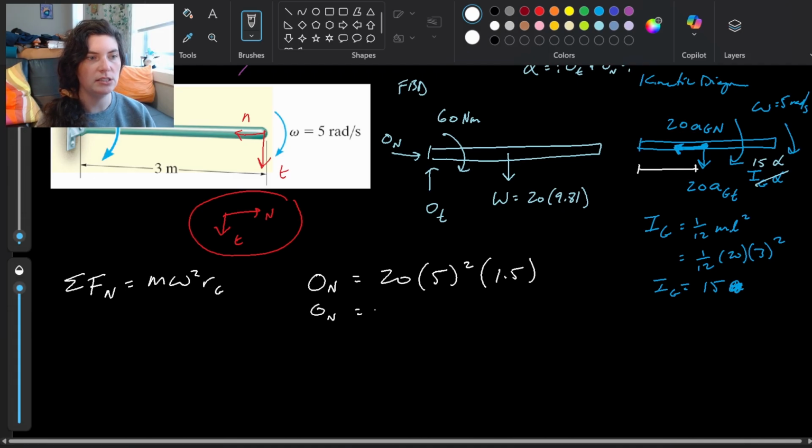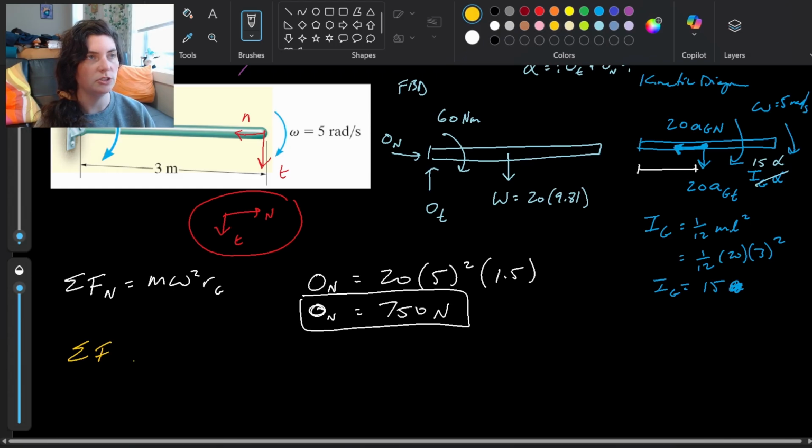So that makes it pretty easy for us. We can find immediately what that ON value is. So ON is going to be 750 newtons. So that's one component of our pin.